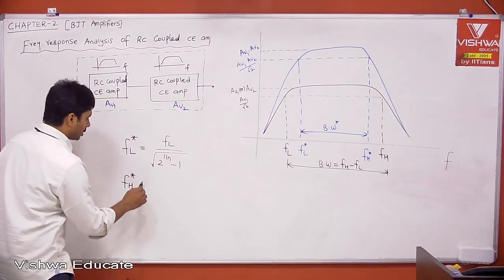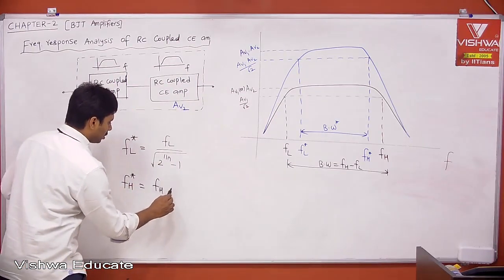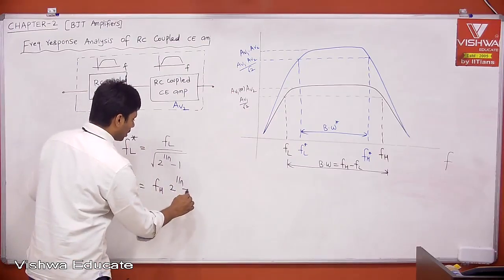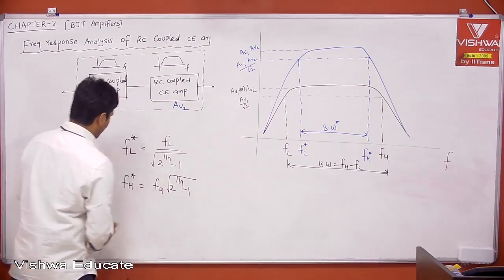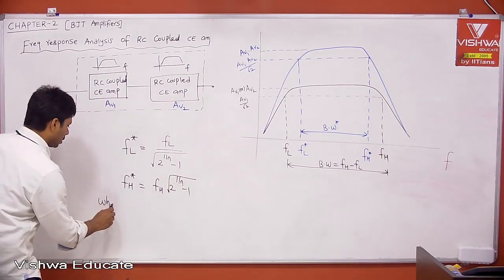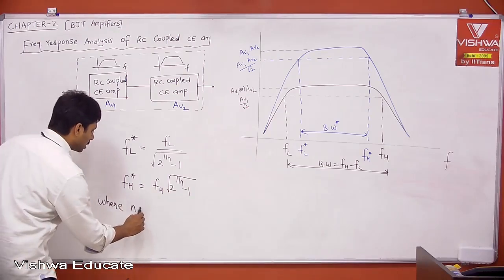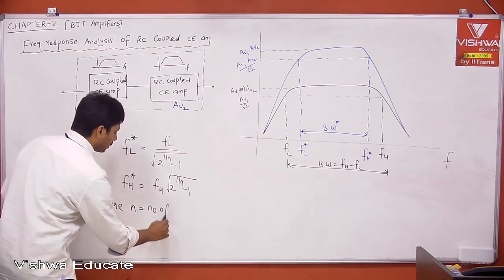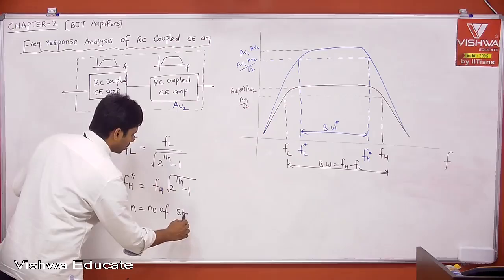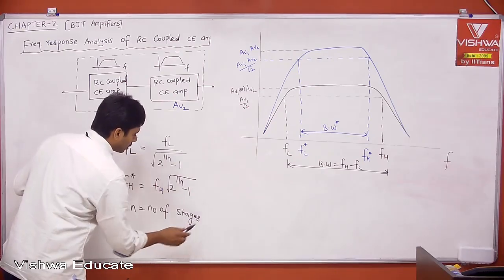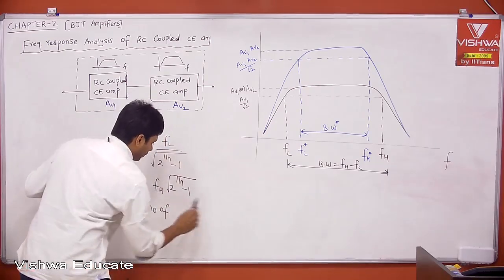Similarly, FH star is equal to FH into 2 to the power of 1 by n minus 1, where n is the number of cascaded stages.